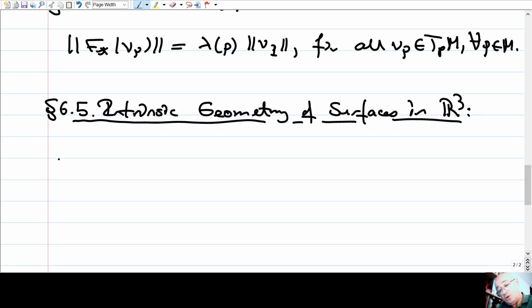The first result of this section is the following.